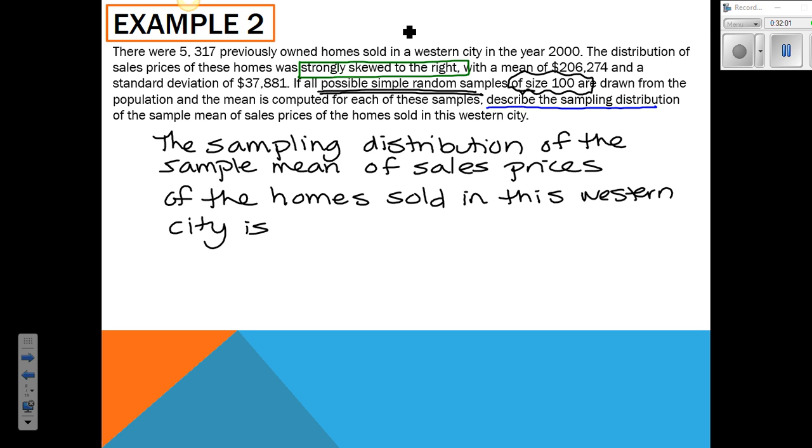Shape: approximately normal, and I'm going to put in parentheses due to large sample size.